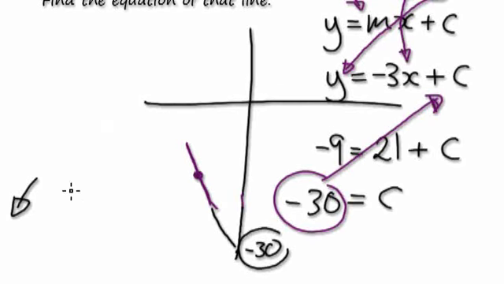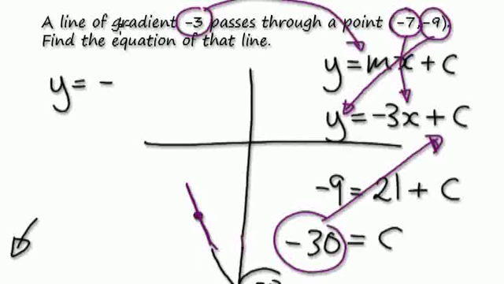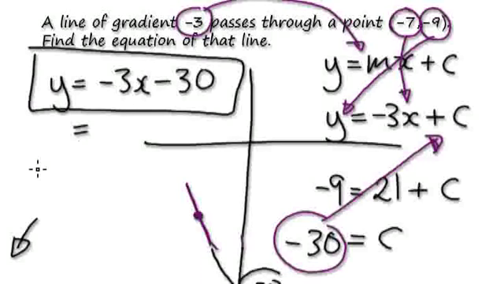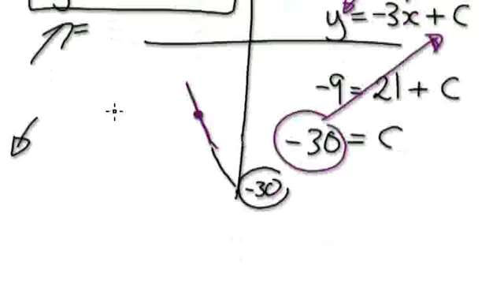So the overall equation is y equals minus 3x, and then the intercept is minus 30. So we could leave it like this. Lots of minuses, quite ugly, but we've got no choice. We just have to leave it as it is. So this will be your final answer. Okay, that's it.